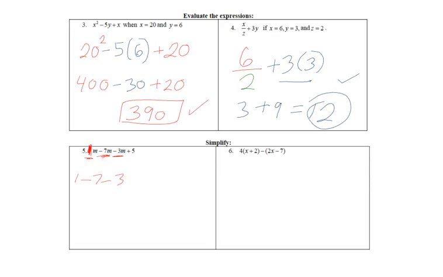Negative 6 minus 3 is negative 9. So we get negative 9m. That plus 5 at the end does not have an m, so nothing happens. That means the answer is negative 9m plus 5. And we'll leave it as that.